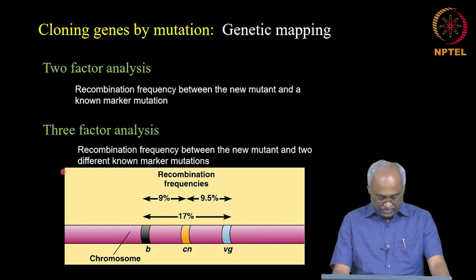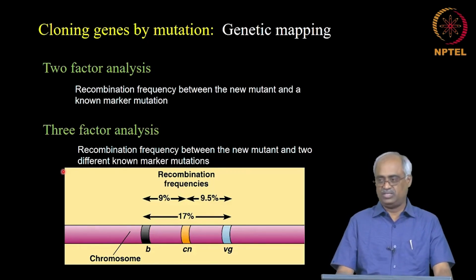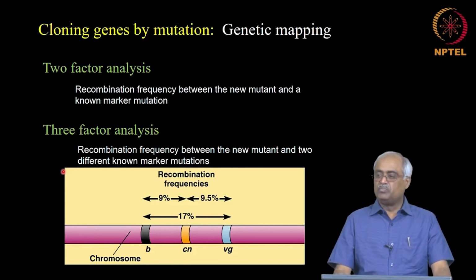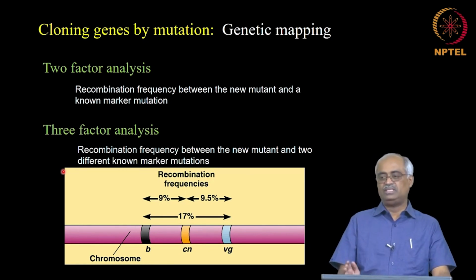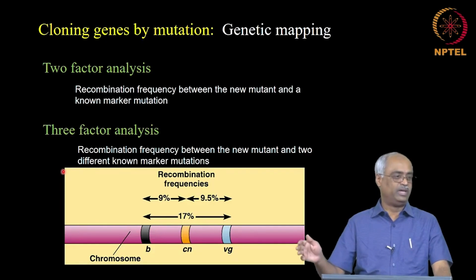For that, what we do is we take a known mutant allele of a gene, known meaning we know in which chromosome it is located. In our particular example, since we have 6 chromosomes, we take 6 different markers, each one well known for its position on, let us say, chromosome 1, 2, 3, 4, 5 and X.